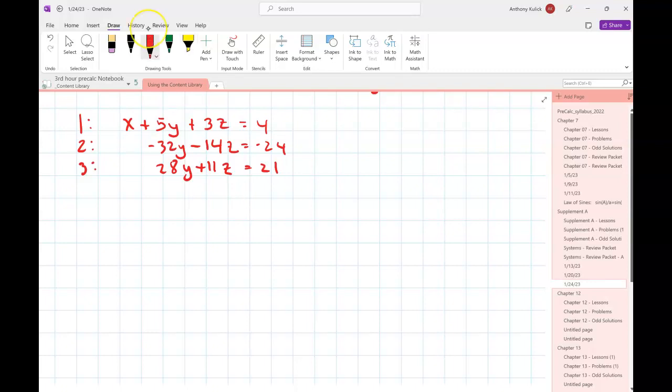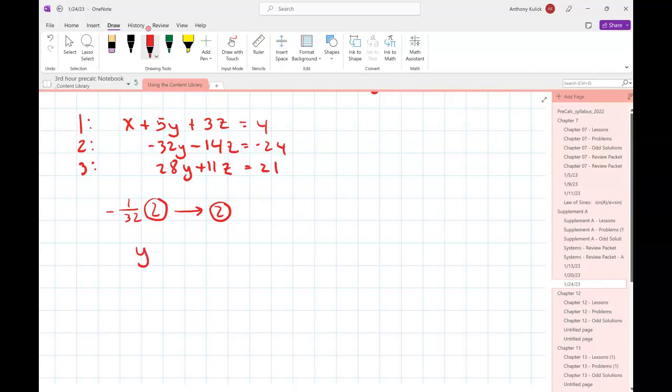I'm just going to do it for equation 2. So what do I need to multiply -32 by so that it turns into a 1? -1/32. I'm going to multiply that to equation 2 and then store it as equation 2.